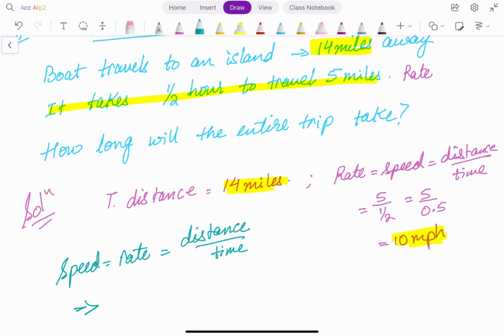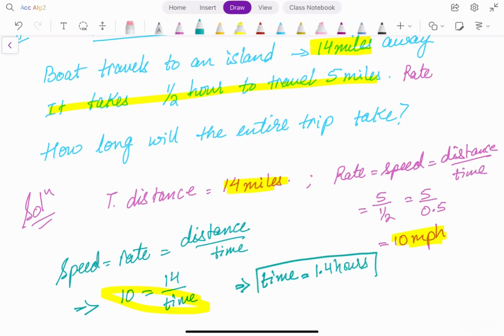Distance is 14, and we don't know the time yet. We can cross multiply, and you will get the time as 14 tenths, or 1.4 hours. And don't forget to box your answer. Very simple, right?